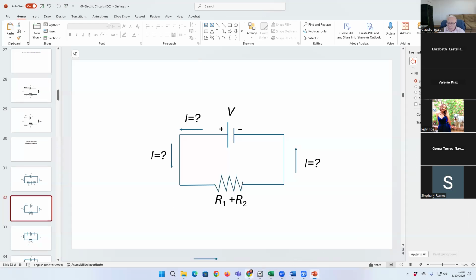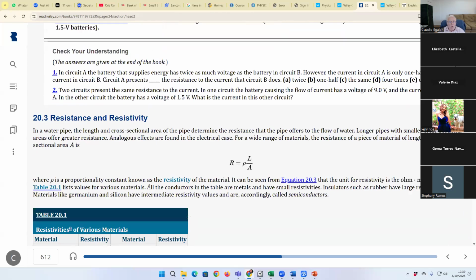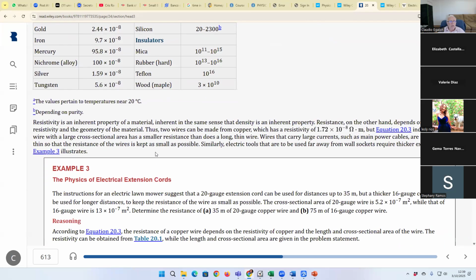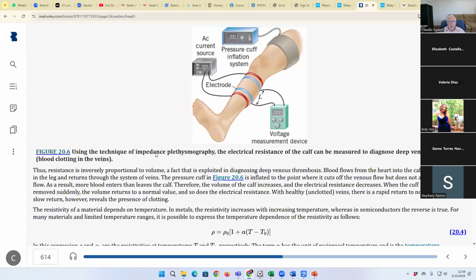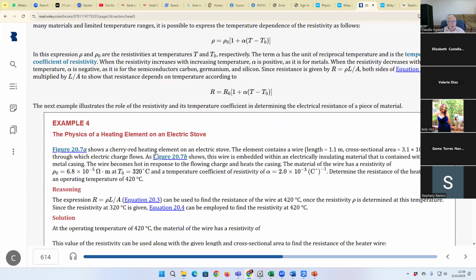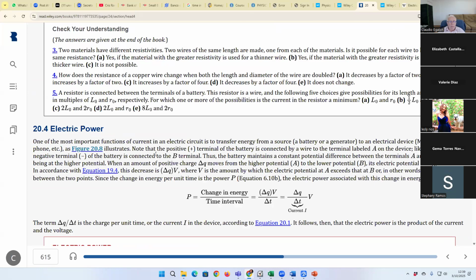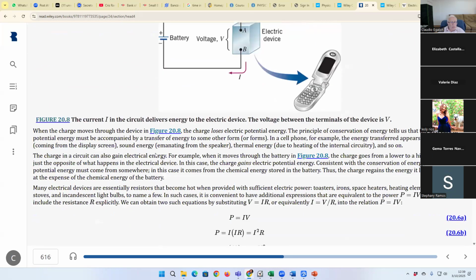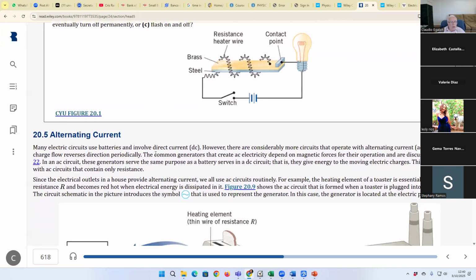Let's see how we have it in the book. 12:40, we have 10 more minutes to go. Resistance and resistivity we covered. Here's a table of resistivities for different metals. Next, electric power. Let's see, does he have electric circuits with more resistance? We didn't cover electric power yet.